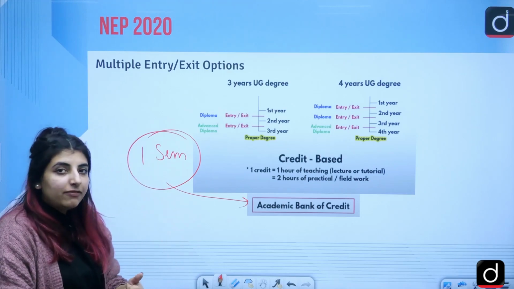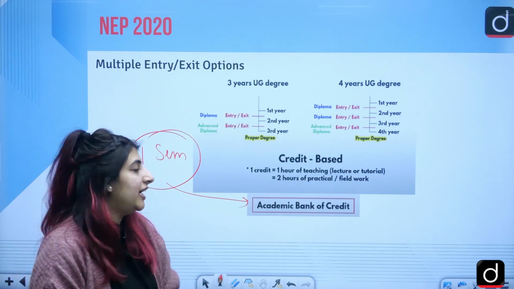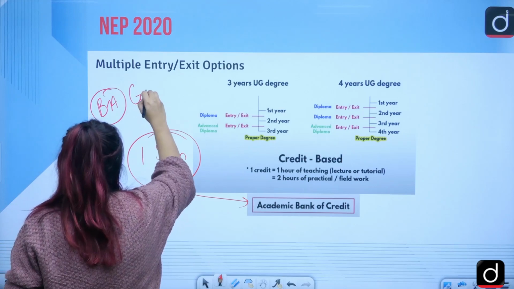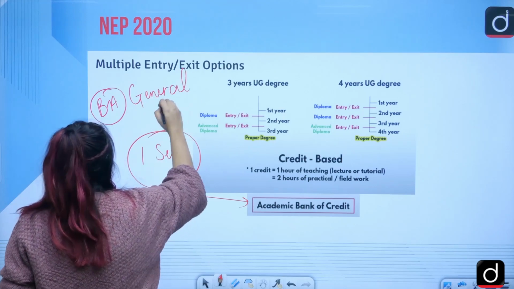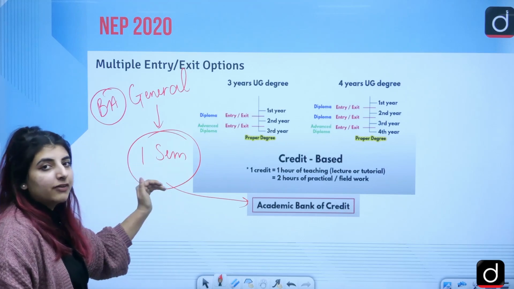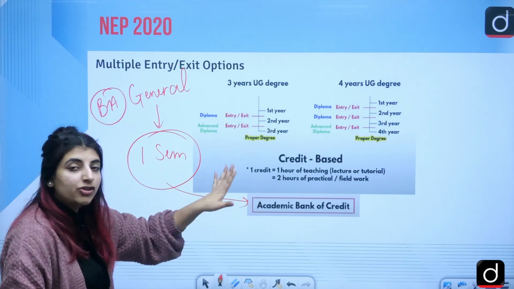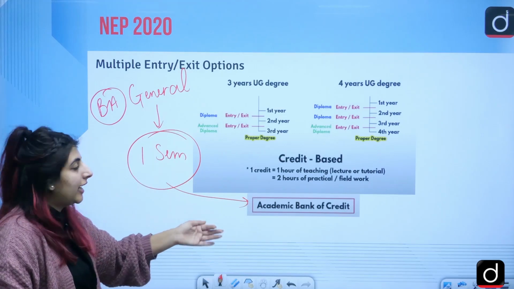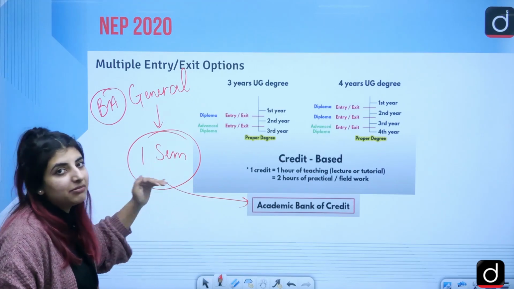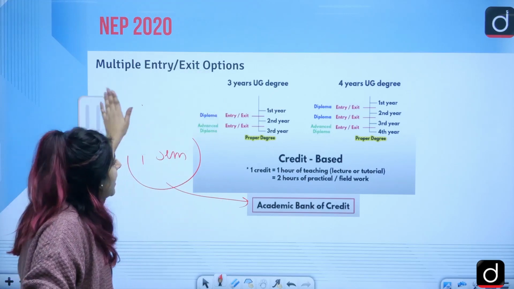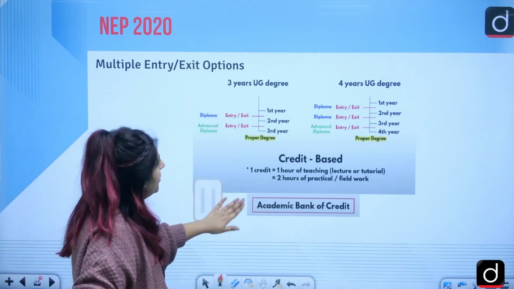Let's talk about BA General: you have done BA General and you have just done 1 semester. The credits of all the subjects of the first semester will be stored in the academic bank of credit. And when you want to resume your education again, you will not have to do this first semester again. The credits will be already used that way. Hence, multiple entry and exit options, right?